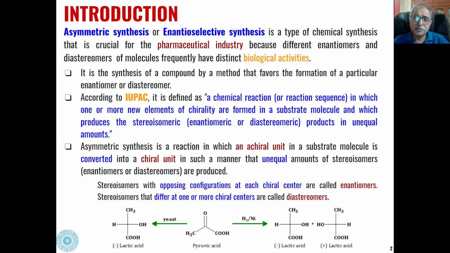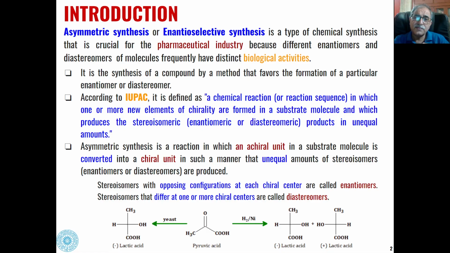So sometimes you might have seen that out of the two enantiomers, only one enantiomer is active as a drug, whereas the other enantiomer is either not active or it shows some adverse effects on the body.